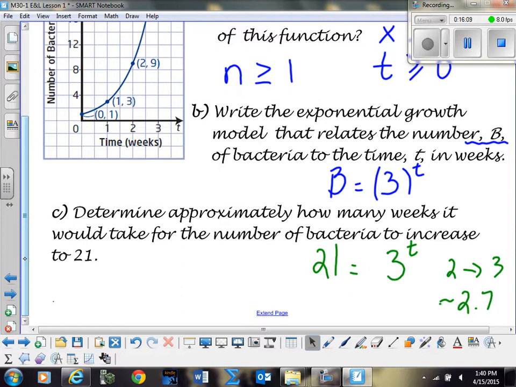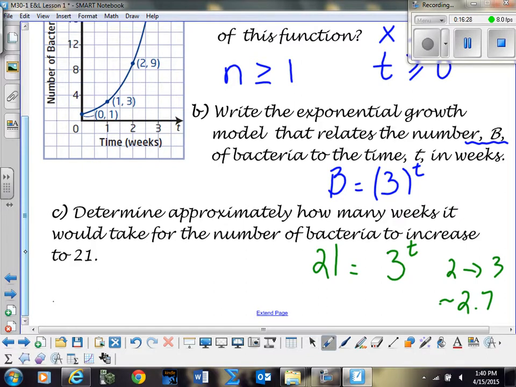So I see my exponential curve on our graph there. I see y2 at 21, a horizontal line. Second trace, intersect, enter, enter, enter, and I get 2.77, so I'm slightly off, but pretty close.